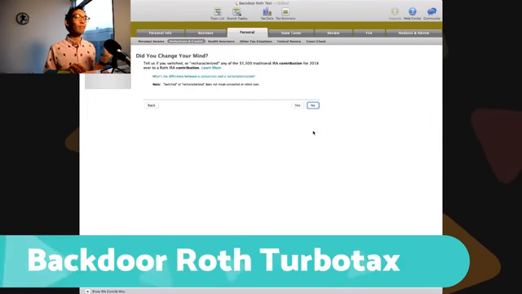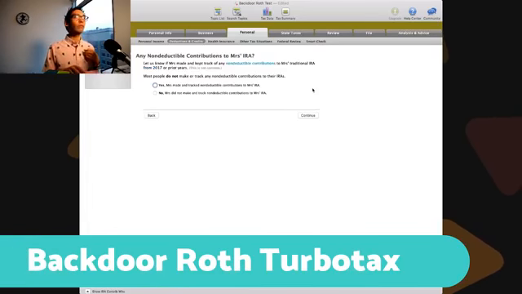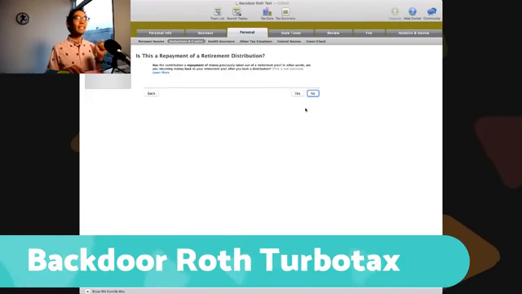None of it. Was any of this a recharacterization? No. Were there any excess contributions made in previous years? No. Were any non-deductible contributions made in previous years? No. Is this a repayment of a retirement distribution? No.